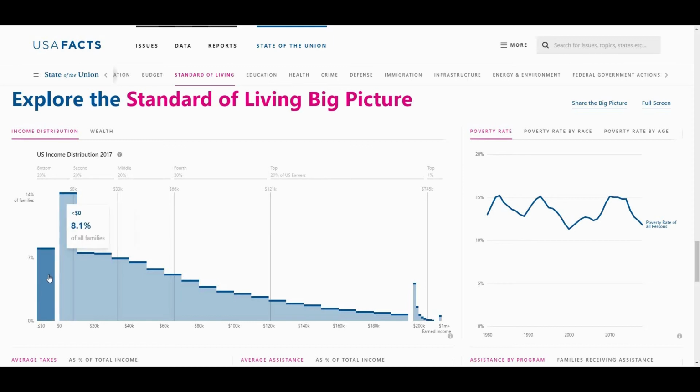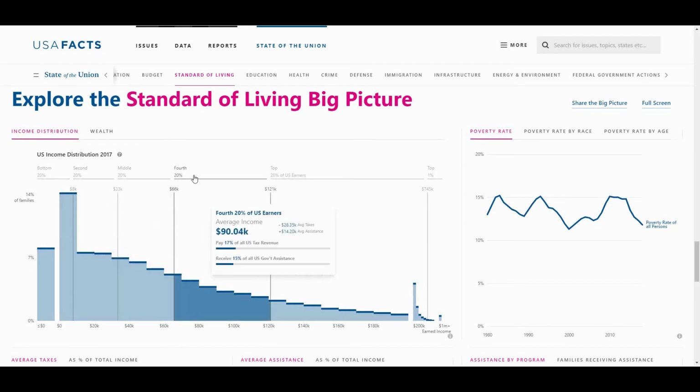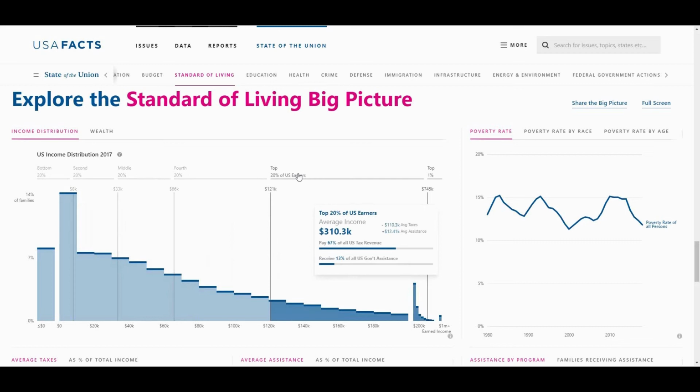So we did this, and then we have these fancy tooltips that highlight the sections of the distribution. Another USA fact, the top 20% of US earners, households, pays 67% of all taxes in the US. Isn't that insane? And the top 1% pays 24% of all taxes. Nuts.